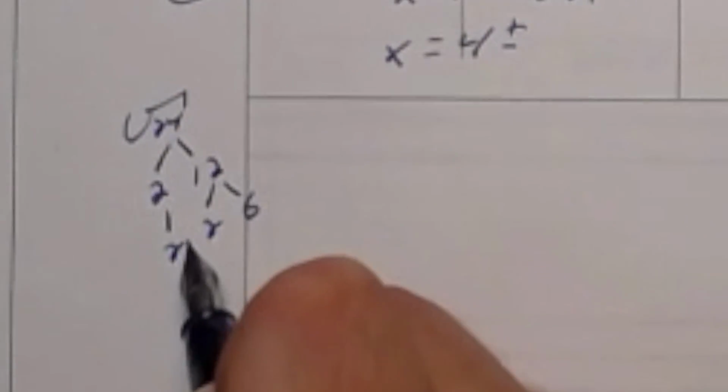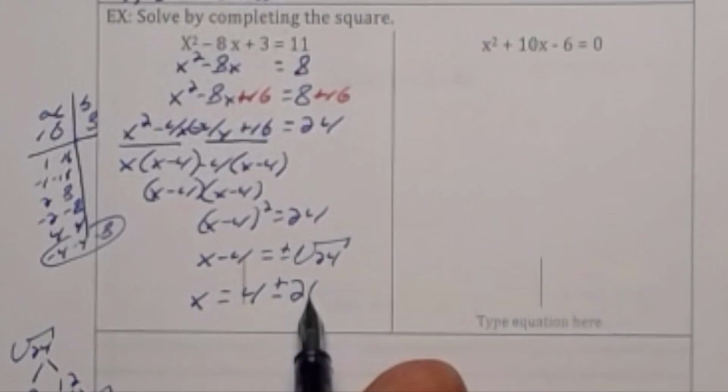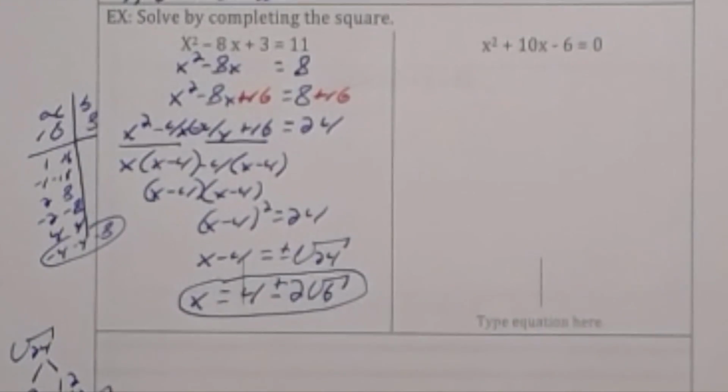And I'll bring down that 2 because 12 is 2 times 6. So I get the square root of 2 times 2 times 6. I take those two 2's out and leave the 6 inside, giving me square root of 6. So x is 4 plus or minus 2 radical 6.